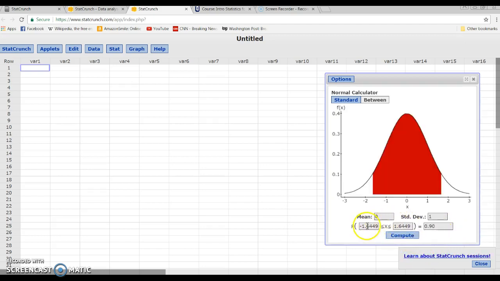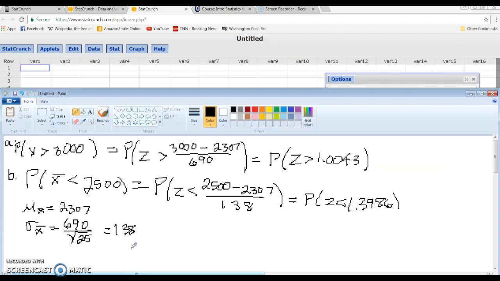This tells us that our two values are plus and minus 1.6449. So over here we start with plus or minus 1.6449.